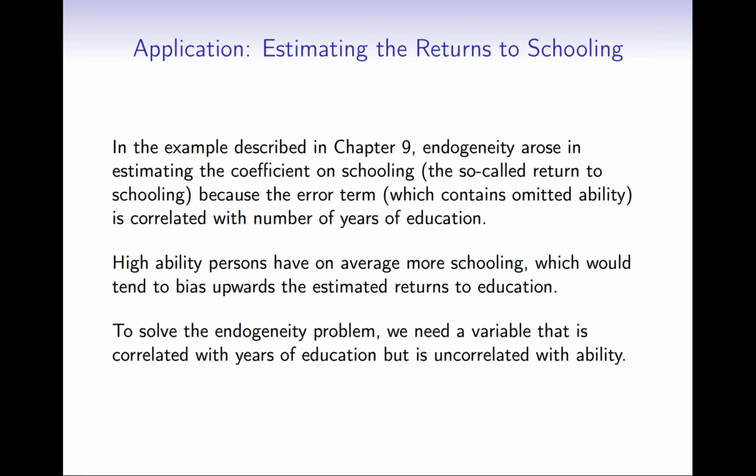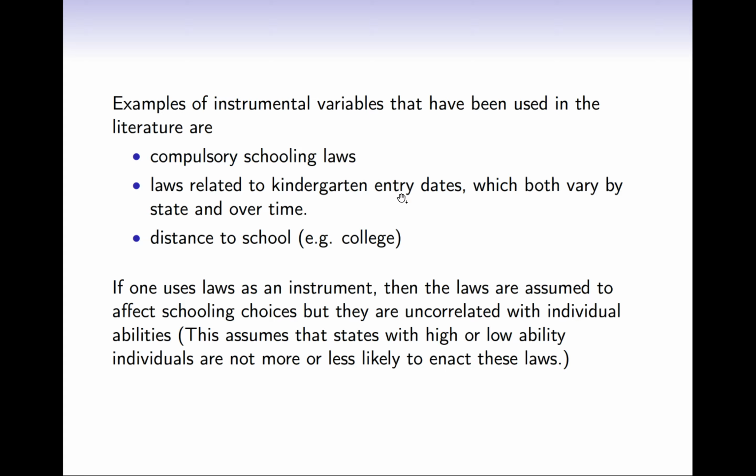Okay. So Angrist and Krueger have some papers using these instruments. And if you use laws as an instrument, then you do have to assume that certain states don't have higher ability people than other states, and that's why they're passing these laws, because it has to be that the instrument is uncorrelated with the Z. So if the Z is unobserved ability, the instrument needs to be uncorrelated with that.